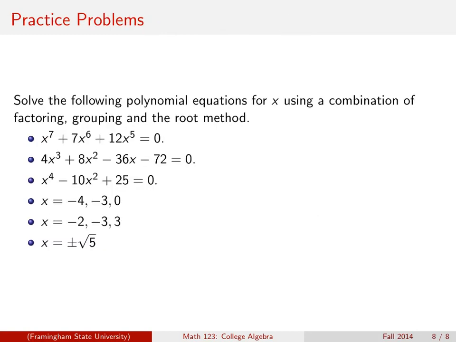So now here's some practice problems. What I will ask you to do is do out all of the work on all of these problems. You'll notice that you have 3 questions followed by 3 answers. So you have to do the work to figure out that you are getting all of the correct answers.